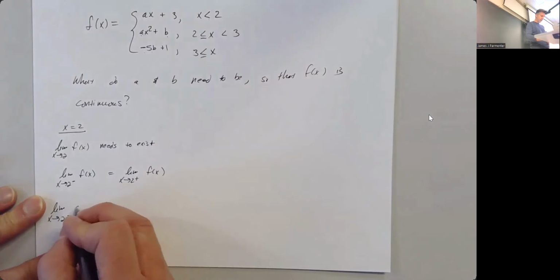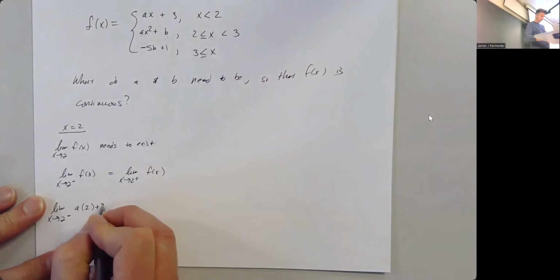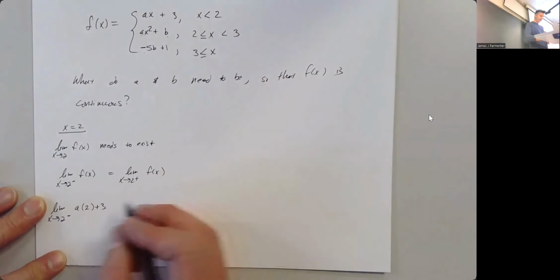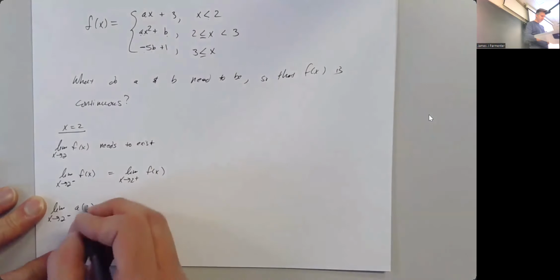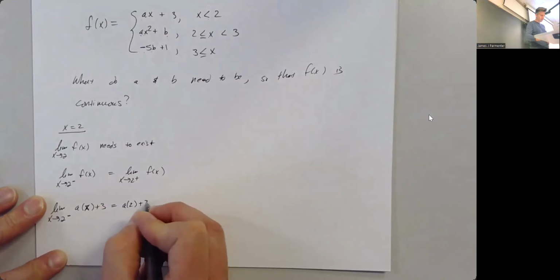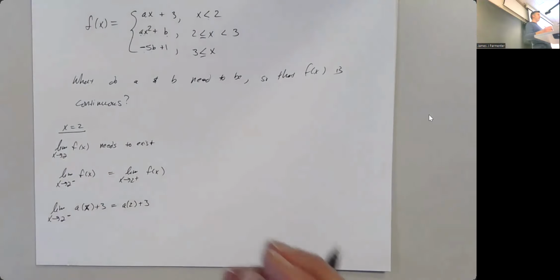So I'm going to get a times 2 plus 3. Oh, I did the thing I tried to tell you not to do. It's the limit as x approaches 2 from the left of a times x plus 3. And then I'm going to plug in the 2 and get a times 2 plus 3. I know it might not seem like a big difference there, but it is, in my opinion, an important nuance.